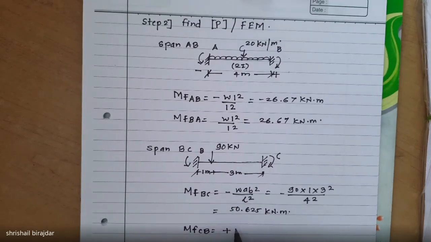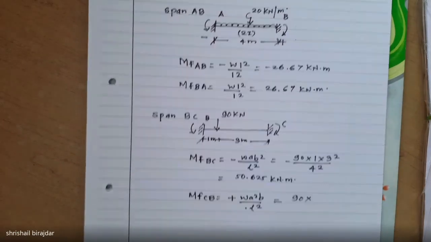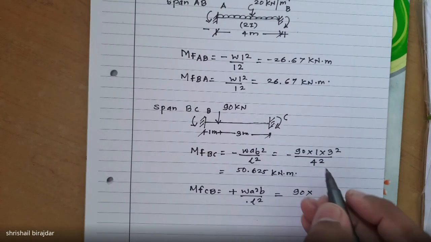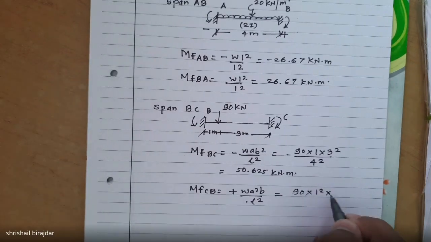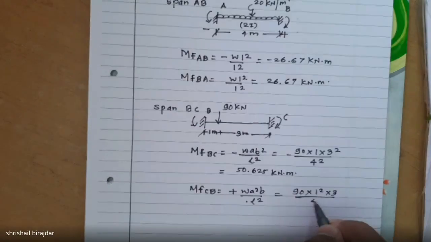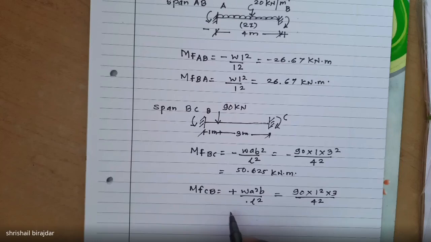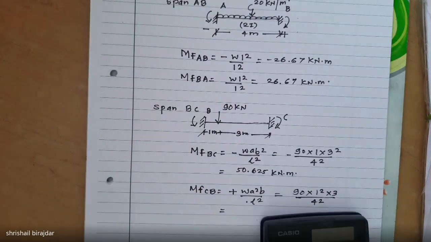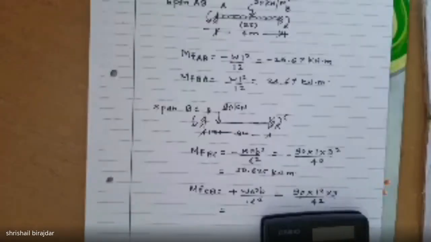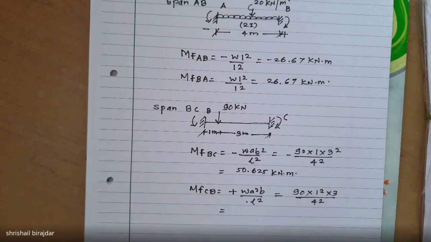For MFCB then, plus WA square B upon L square. You just again write it down. 90 multiplied by 1 square multiplied by 3 divided by 4 square. You will get exactly the answer for this.